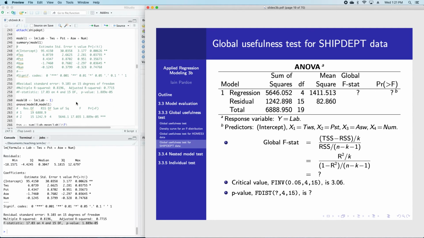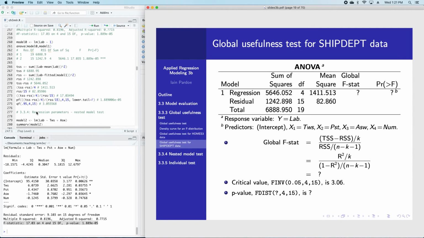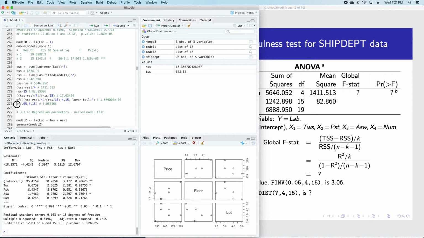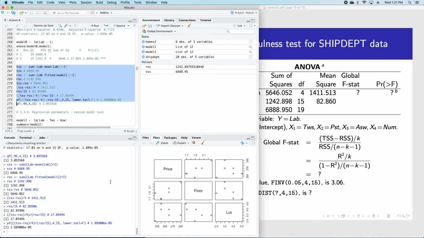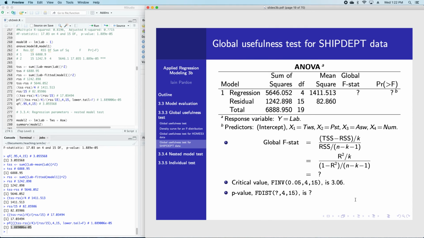Our critical value, if we do it in R, we get 3.06, and then if we're going to calculate the p-value by hand, we can use this code using the pf function, and there's our p-value there, 1.9 times 10 to the minus 5.